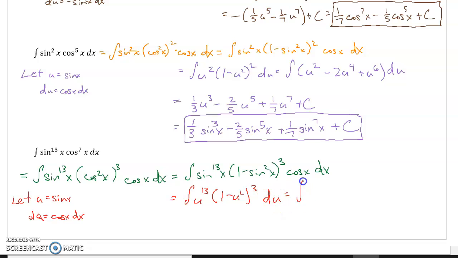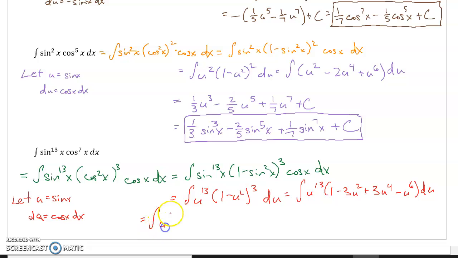So I won't try to expand this and distribute the u to the 13th at the same time. I'm likely to make a mistake. So Pascal's triangle, anyone? We've got a 1, 3, 3, 1 going on here. That's just applying Pascal's triangle to expand the cube of the binomial.